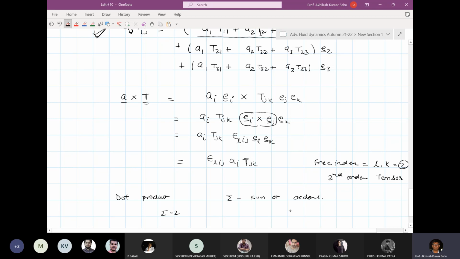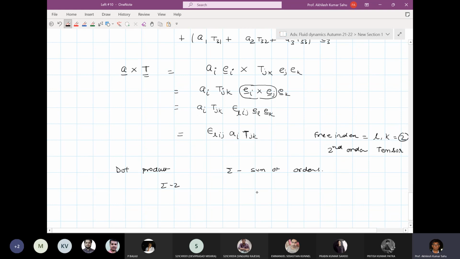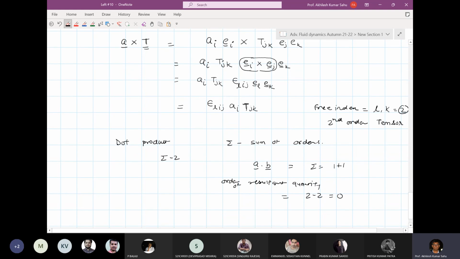So let's say you are doing a dot b. Sum will be 1 plus 1, since a is a vector, so order is 1, and b is a vector, so order is 1. So the order of the resultant quantity equals 2 minus 2 equals 0. That means scalar, right? For a cross product, we have to do sum minus 1.